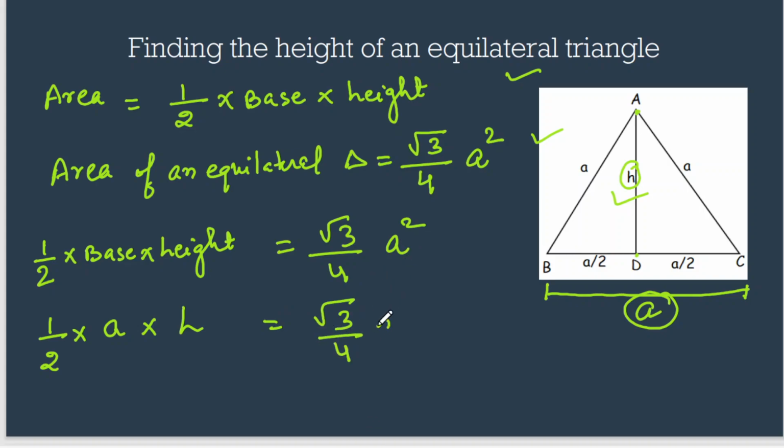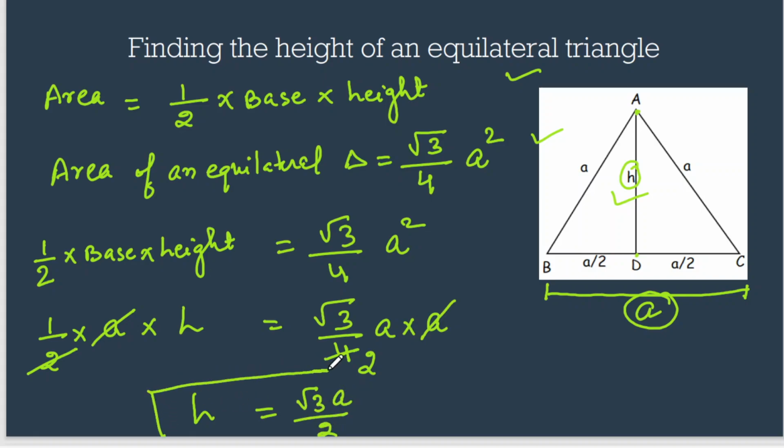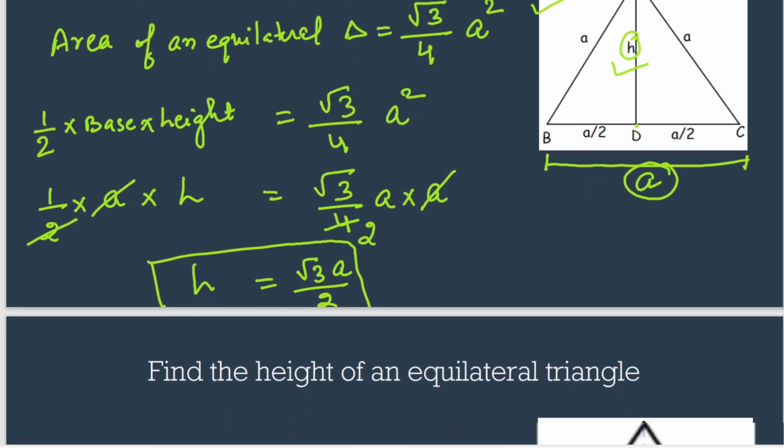See, A square can be written as A into A. So one of the A will get canceled out. You can cancel it by 2 2s are 4. So your H is nothing but again root 3 A by 2. So we have got the same result that we got in the last slide. Okay, next question.